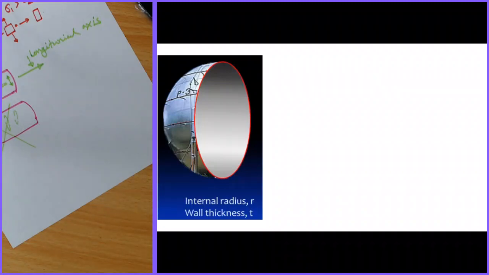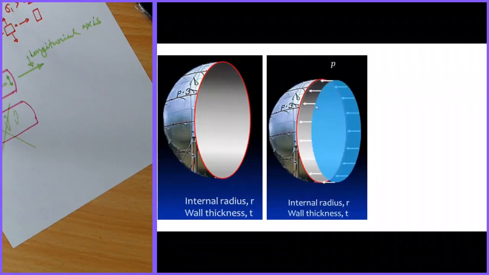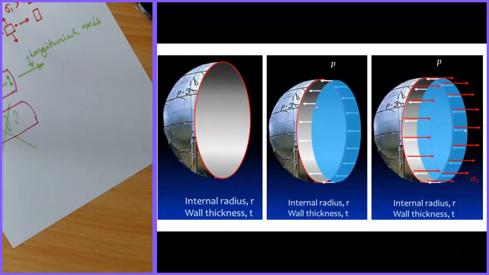Interestingly, if this is P, the pressure acting on this cross section, there is a resultant stress, as I discussed in the cylindrical case also, and this resultant stress is sigma 2.